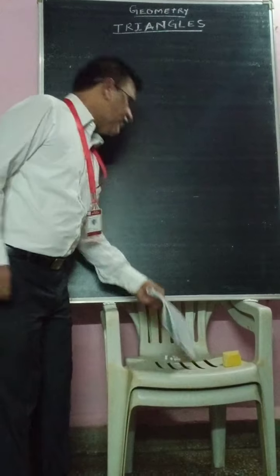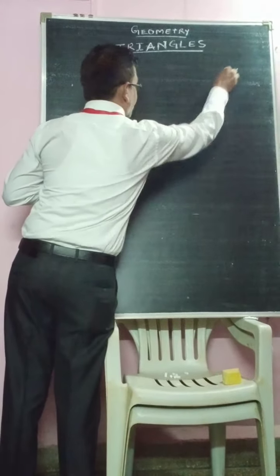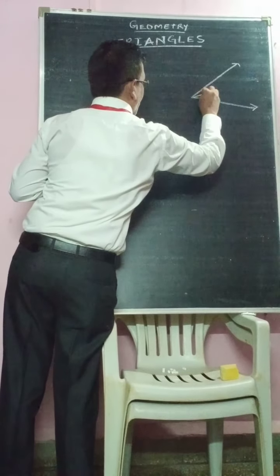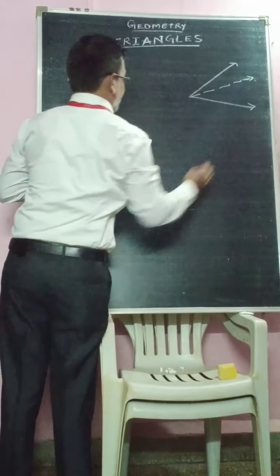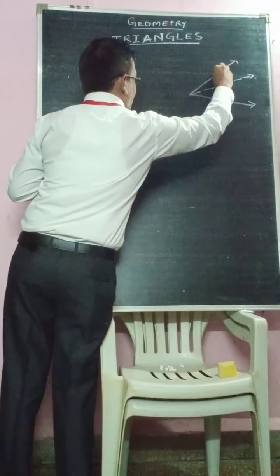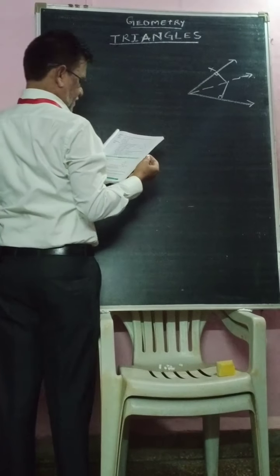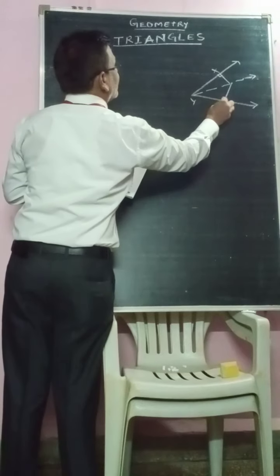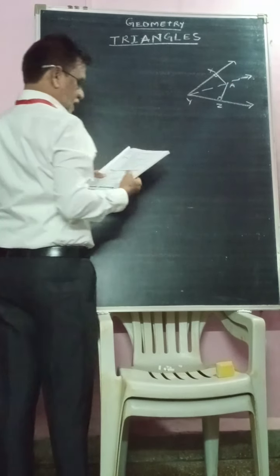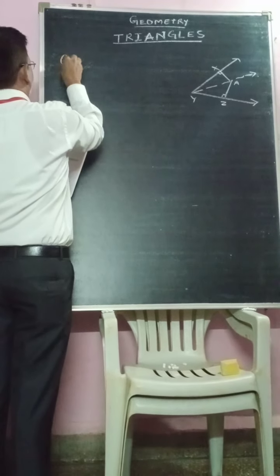In 3.4, the first sum is here. The diagram is given. Now you draw this diagram. Here this is 90, and this is also 90. Here it is X, Y, Z, then A. What is given here?